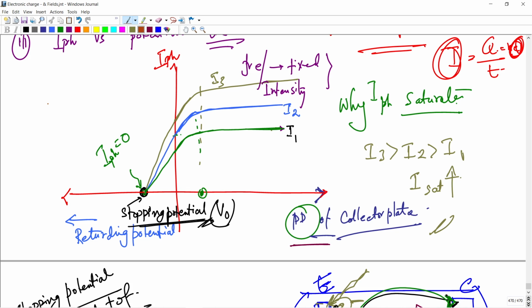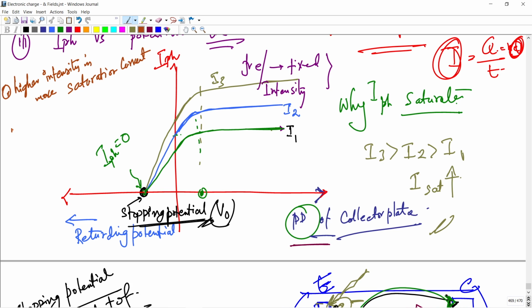The higher the intensity, the more the saturation current. High intensity means more saturation current.